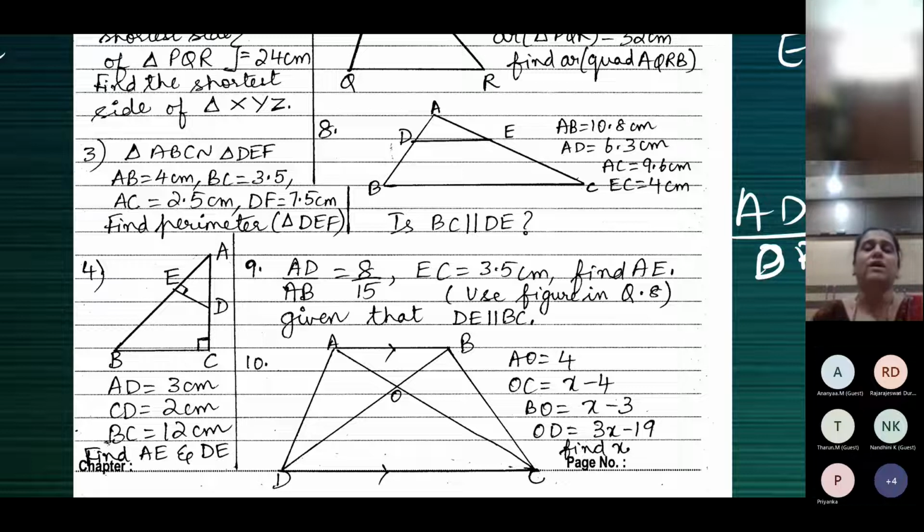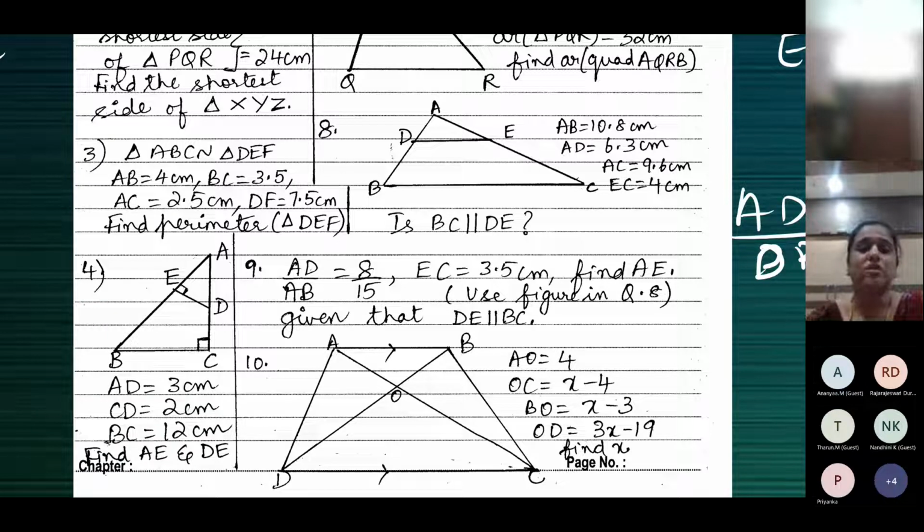If the diagonals of a quadrilateral divide each other proportionally, then the quadrilateral is a trapezium. We have proved these two results in questions 9 and 10, NCERT.